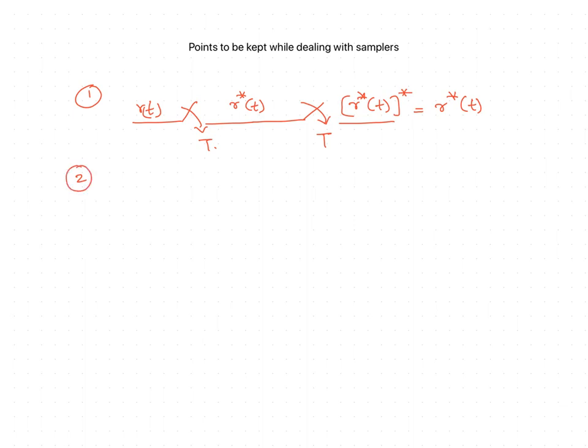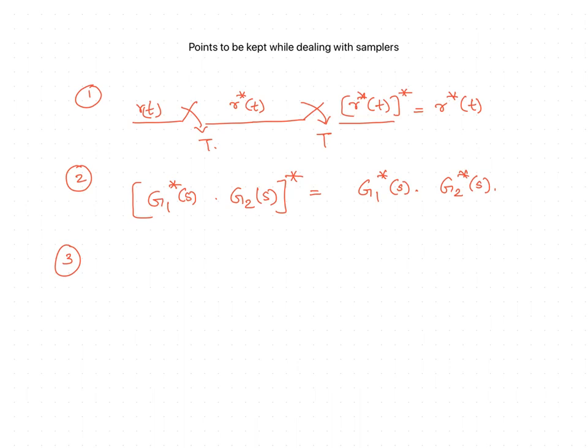The second point is G1 star of s into G2 of s, star, will be nothing but G1 star of s into G2 star of s.